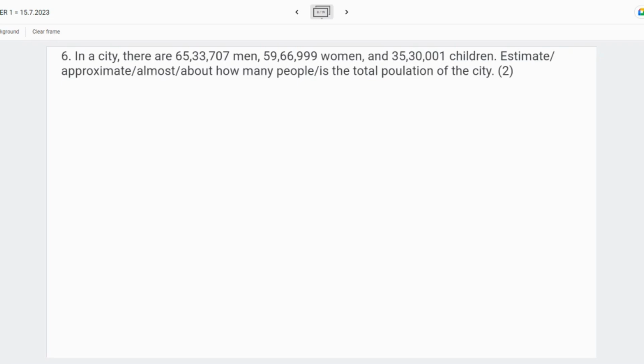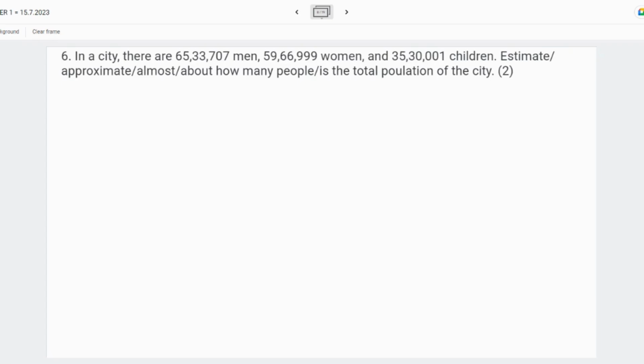Now question number 6. As you can see, I have used all possible words in this question, like estimate, approximate, almost, about, how many, just for you to understand that all these words are used in questions where estimation is included.